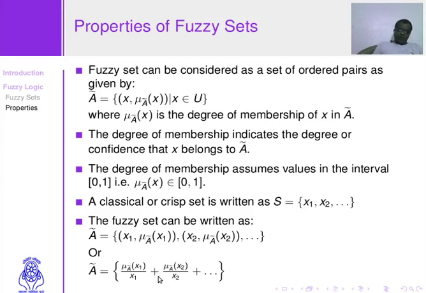Here plus is not representing mathematical addition, rather it is acting as a separator, just like the comma is a separator in the above two notations, where x1 is separated by a comma from x2 and so on. So it has nothing to do with mathematical addition, it is simply a separator. So you can follow any notation to write a fuzzy set.